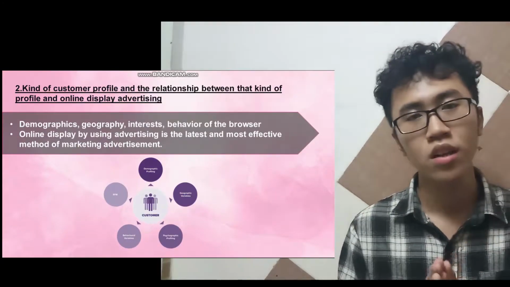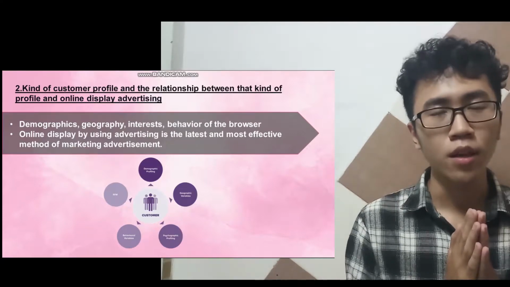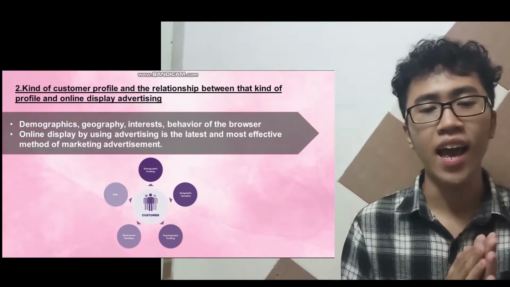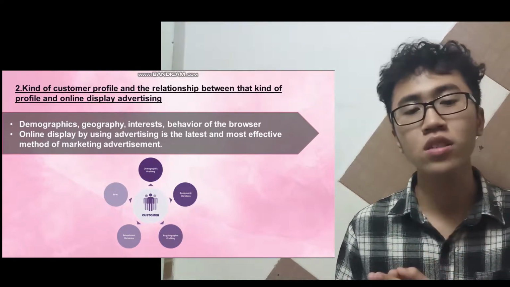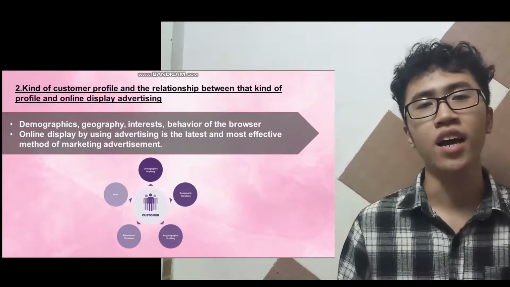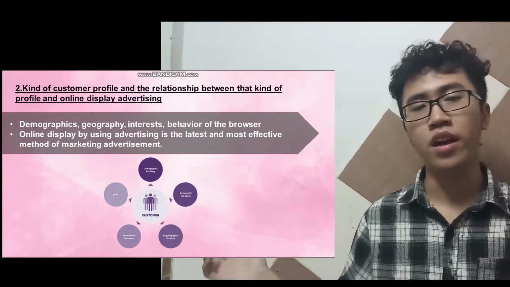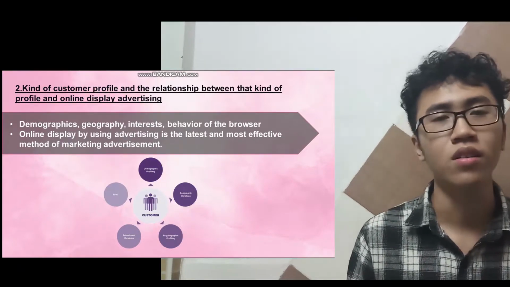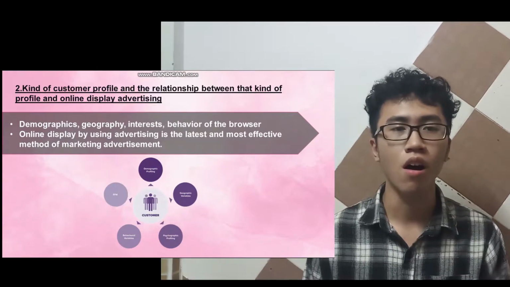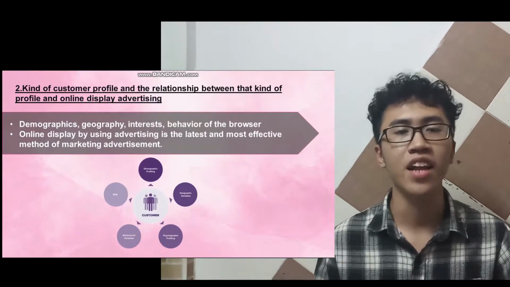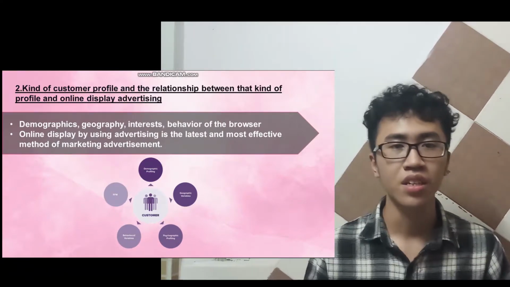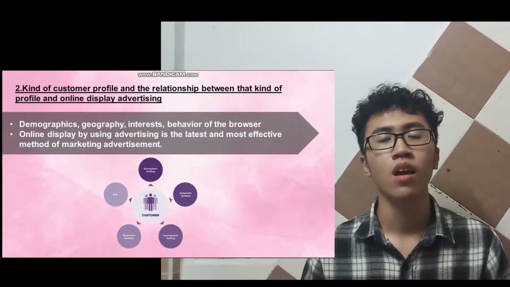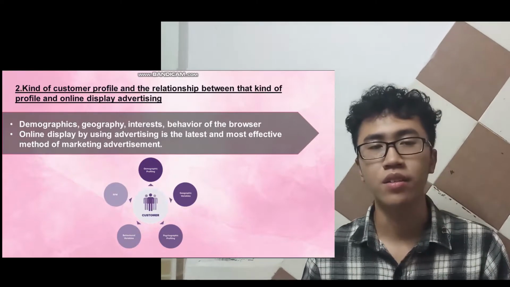Moving to the second part, programmatic advertising especially looks into factors like demographics, geography, interests, or common behavior of the browser. Online display advertising is the latest and most effective method of marketing advertisement.